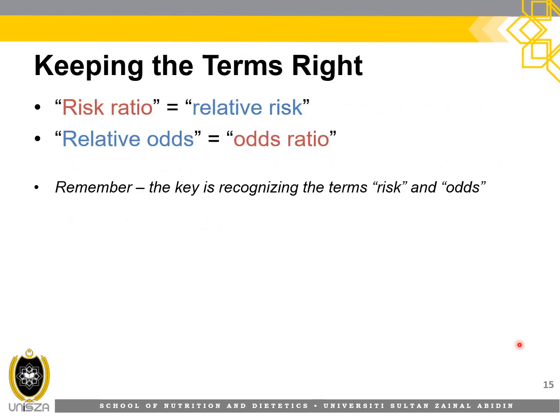By now, you should be aware that keeping the terms right is very important. Risk ratio is equal to relative risk, while relative odds is equal to odds ratio. We must remember that the key is recognizing the term risk and the term odds.